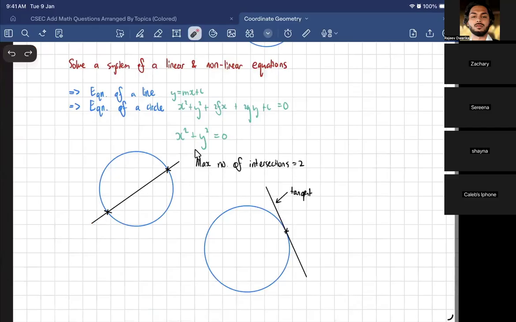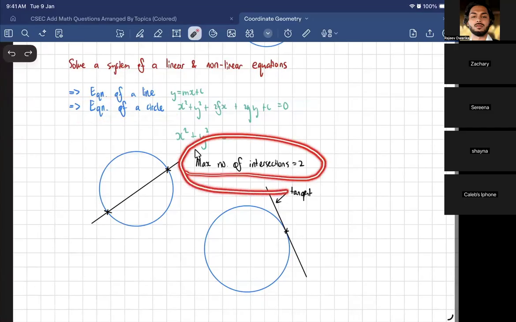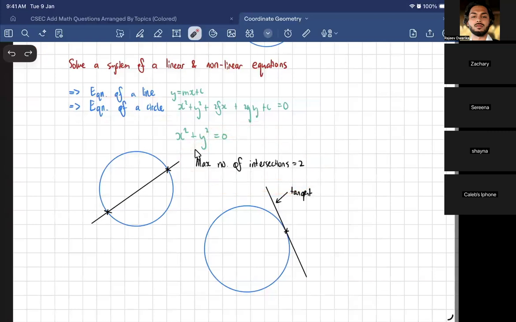So look at what we just did, right? I told you guys, you need to be able to solve a system of linear and nonlinear equations. You would do this simultaneously, right? So you'd have the equation of a line and you'd have the equation of a circle. And then I went on to talk about what? The number of intersections, yeah.